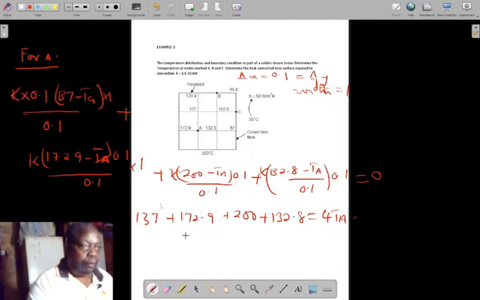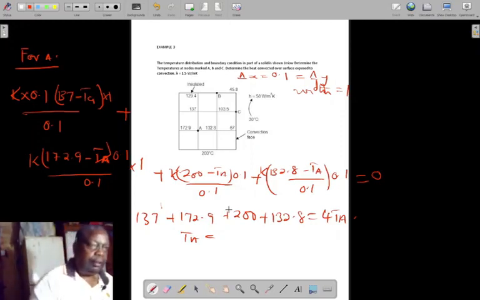You can solve for TA, which is 160.7 degrees C.